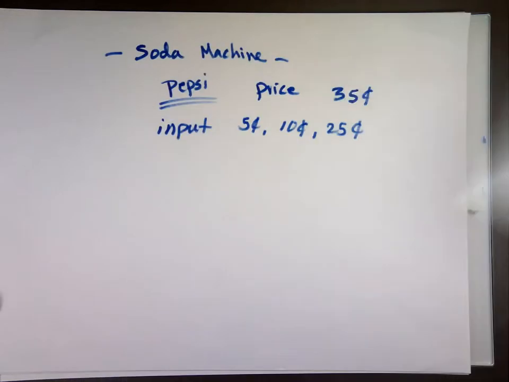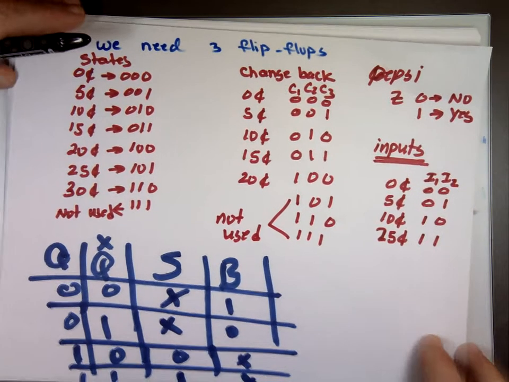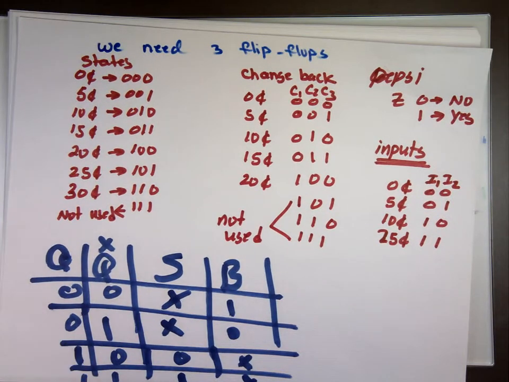We went through it and we did some coding of the states. We see we need 3 flip-flops, Q1, Q2, and Q3, and Joe wanted to use some shark flip-flops, so we use shark bait for a flip-flop, and it's a new flip-flop that we came up with.